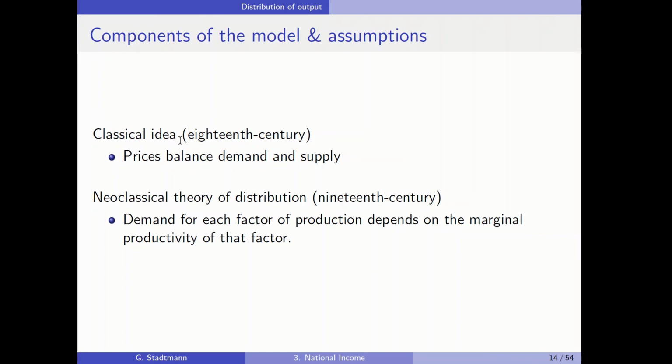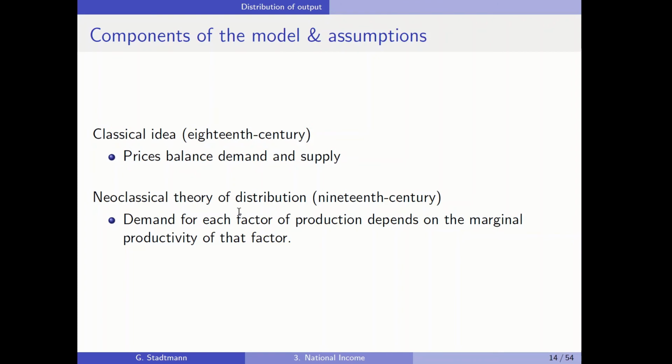The classical idea is that prices balance demand and supply. And the neoclassical theory talks about the distribution. The demand for each factor of production depends on the marginal productivity of that factor. This is what we are going to use later on when it comes to our model.